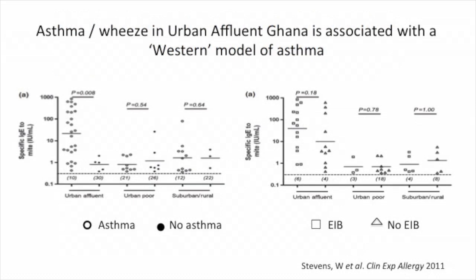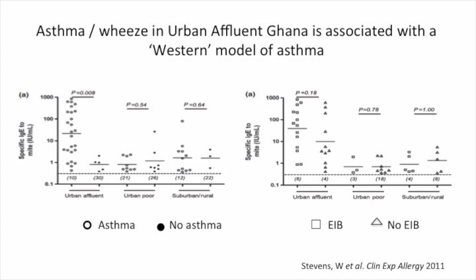He then reanalyzed the data and published it in a different paper, somewhat later actually, comparing these results in children who went to schools in urban affluent areas, in urban poor areas, and in suburban rural areas. And what he found was that if you had asthma and you're in an urban affluent area, your asthma was much more likely to be strongly mite allergic compared to if you were in a poorer area or a rural area.